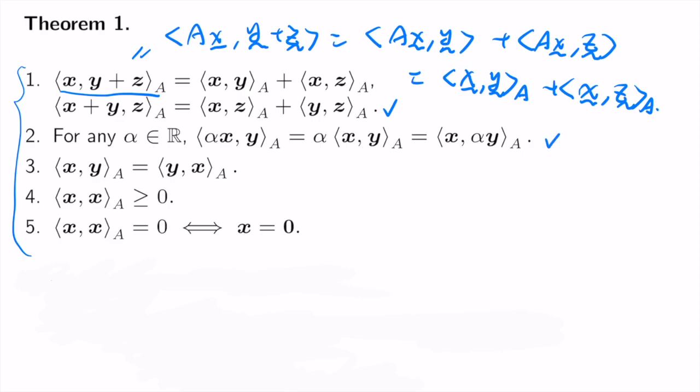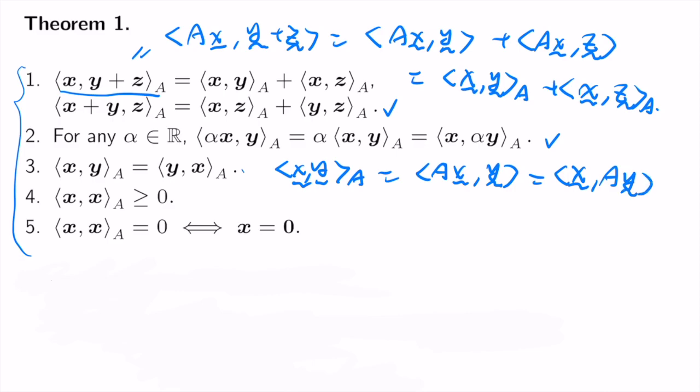And this one is also trivial, I think. And for this one, x, y with respect to A, according to the definition, this is Ax, y. But since A is symmetric, we have x, Ay. And the inner product is commutative, therefore we have Ay times x. This is equal to y, x with respect to A.